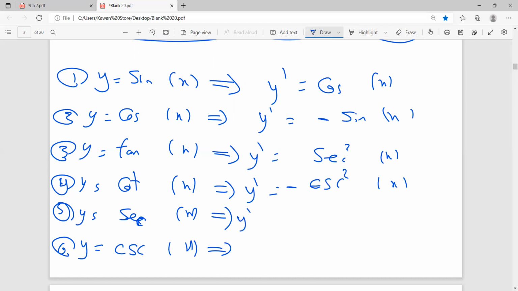Derivative of secant, secant tan of x. The last one, derivative of cosecant, minus cosecant of x cotan of x.